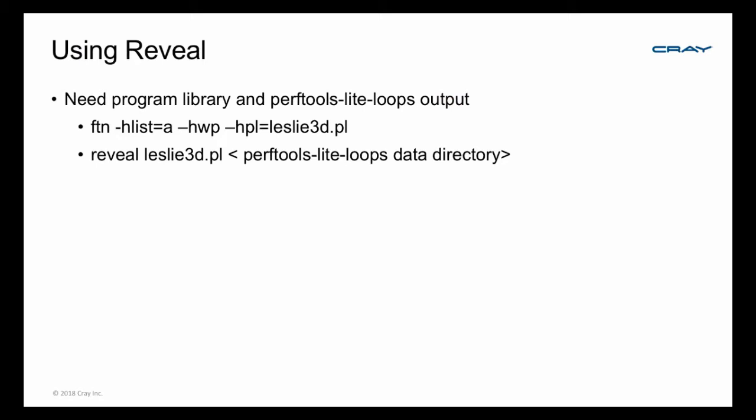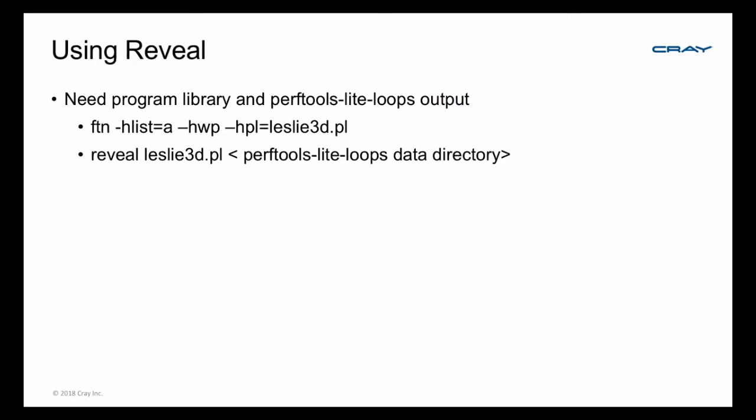Then, after I do that, I then enter the command reveal Leslie 3D-PL, which is that program library, and then I give it the Perftools-lite-loops data directory that was generated when you made the run with Perftools-lite-loops. Any questions so far? I feel like I'm going pretty fast.